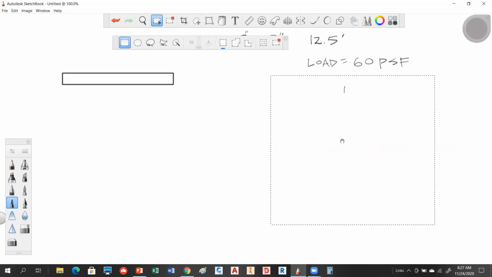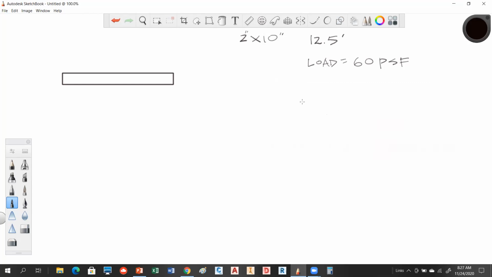So the load on this beam, the load rate that we're going to have on this beam is going to be 16 inches, but we want to convert that to feet. So 16 divided by 12 times a span of 12.5 times a load rate of 60. Okay, so if that's pounds per square foot, and this is going to be square feet, we're going to get this into just pounds, okay?